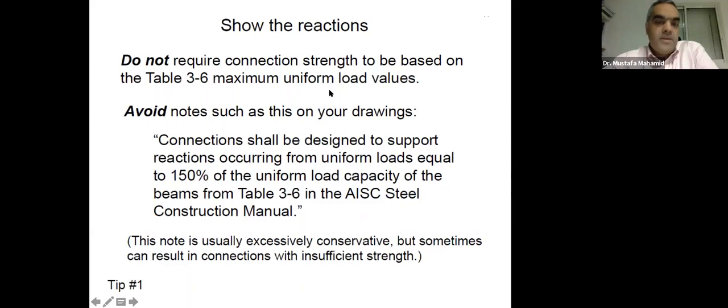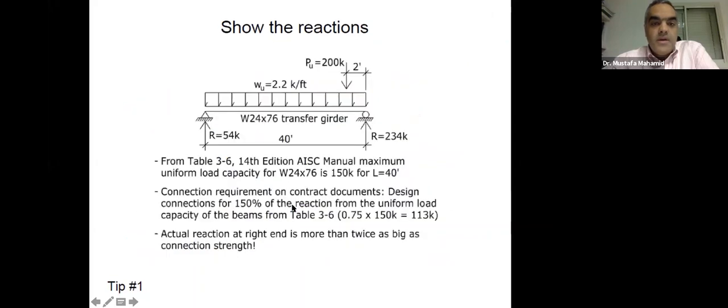You will end up with way over designed connections. And avoid notes such as connection shall be designed to support reactions occurring from uniform loads equal to 150% of the uniform load capacity, again from Table 3-6 of the AISC Manual.